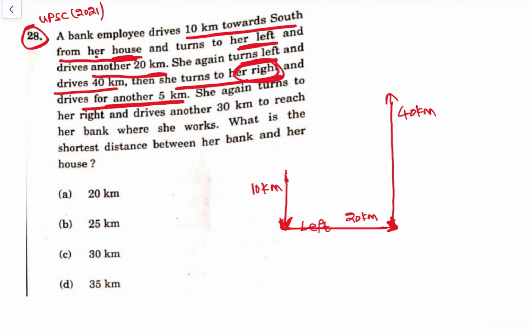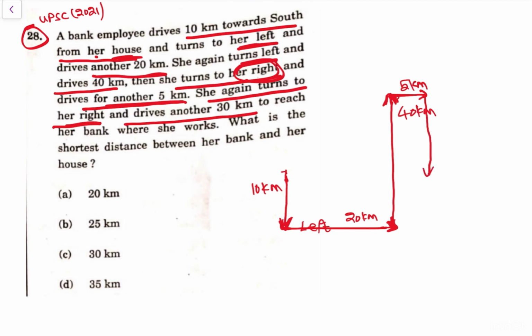Right is where? Right is this side. Then she again turns to her right and drives another 30 kilometers. Again to the right, so right is this side now, and she drives for 30 kilometers.